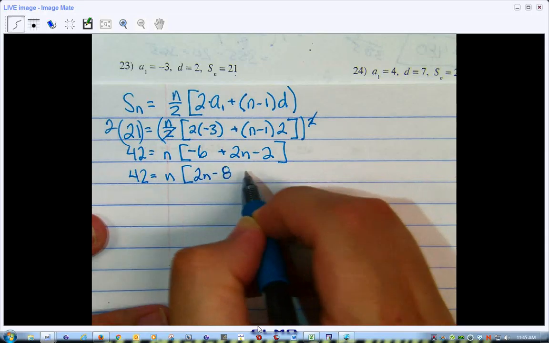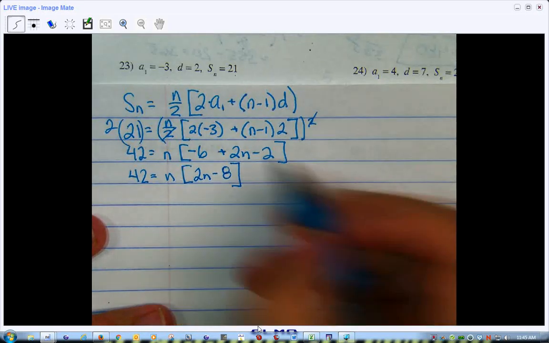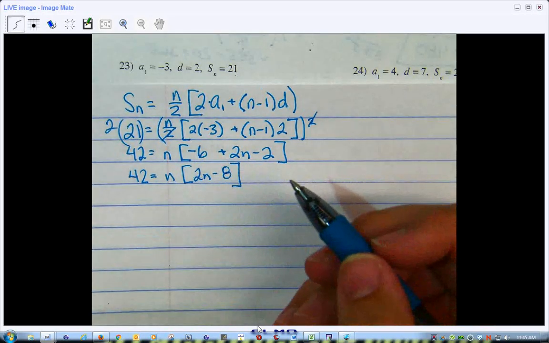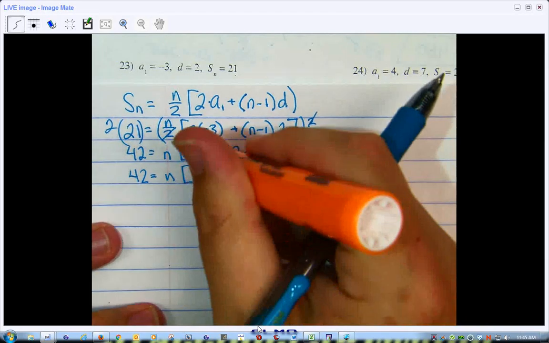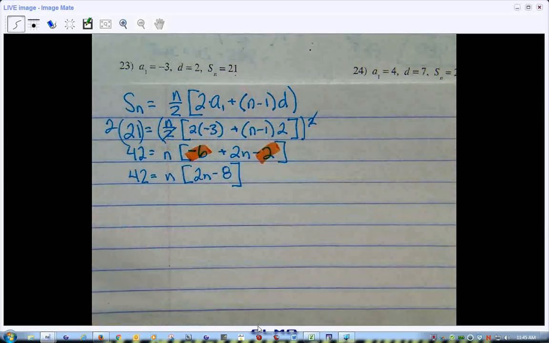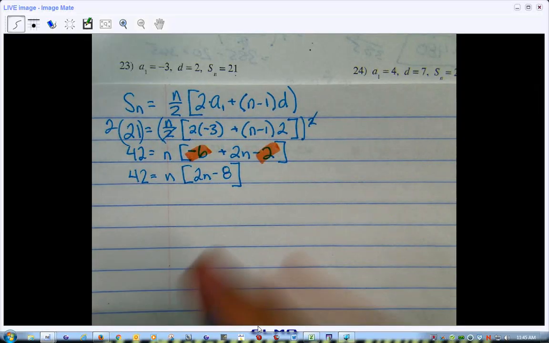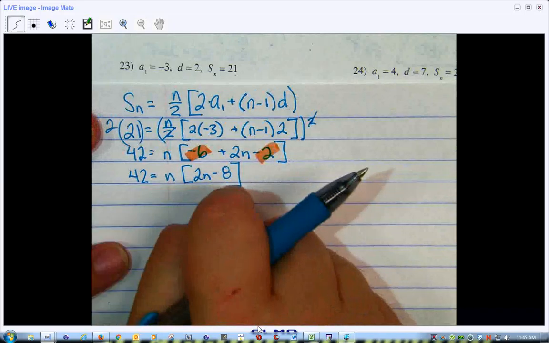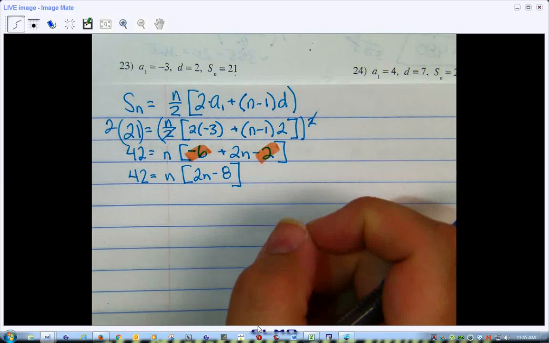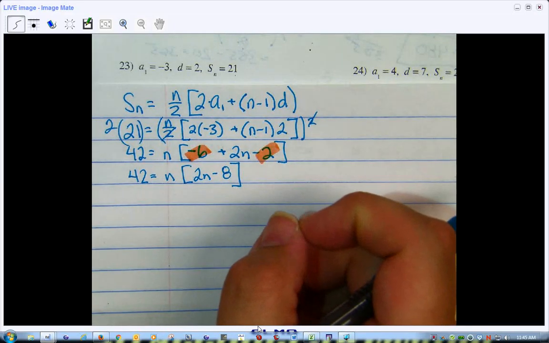And that just meant taking care of those two terms right there. So now distribute, because I have an n on the outside and an n on the inside. I can't do anything else. The only thing I can do is distribute. So we're kind of stuck going into the quadratic realm here.